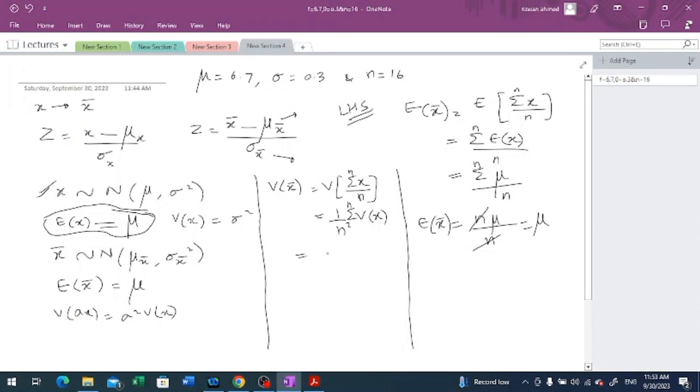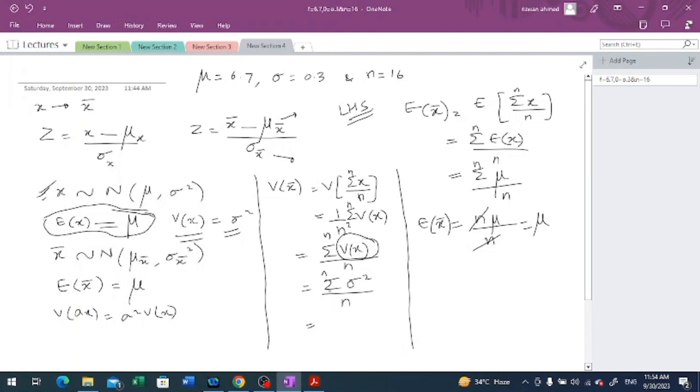Now we can rewrite it as n times the variance of x divided by n squared. Random variable x has a population variance sigma square, so in place of the variance of x we can substitute sigma square.